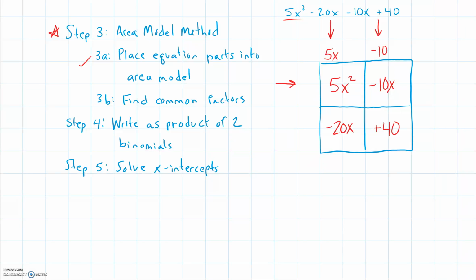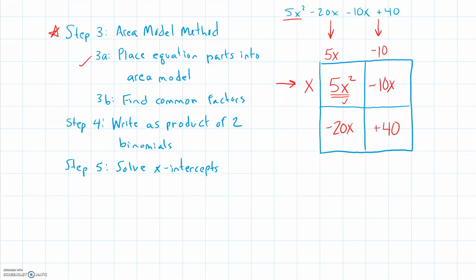Now we look into the row 5x squared minus 10x, and the only thing that we see in common is we have a 5 and a 10, but notice that we want to make sure that we get 5x squared. So the only thing that's going to multiply, so this area, and we know area is base times height, so this square has to be equal to 5x squared. 5x times what gives you 5x squared? So we're going to try x.